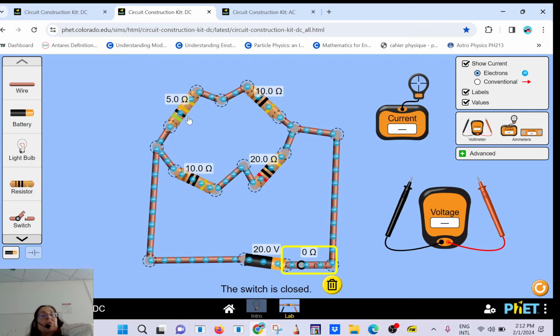Very good. So 5 and 10 is going to be 15. So I have a 15 at the top, and here 10 and 20 follow each other. There is no intersection. So what's the equivalent? A 30. So I have a 15 and a 30, and they are in parallel with each other.